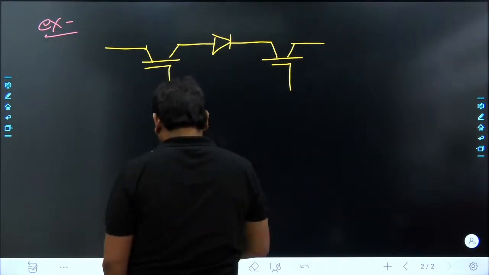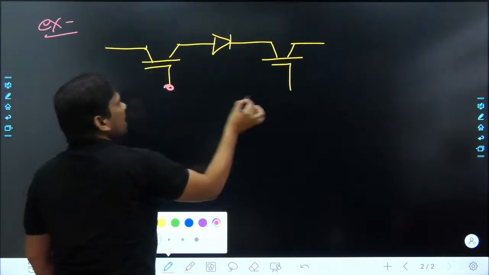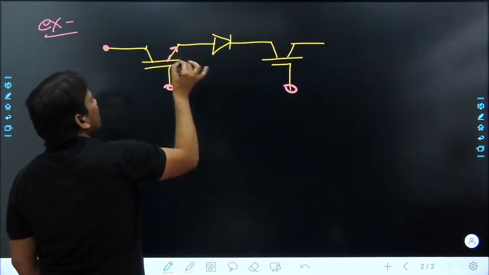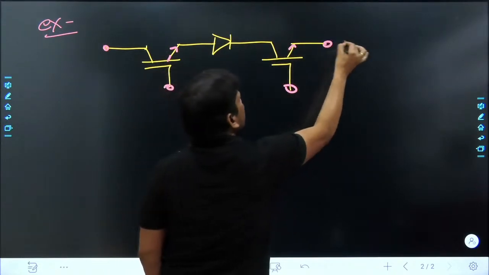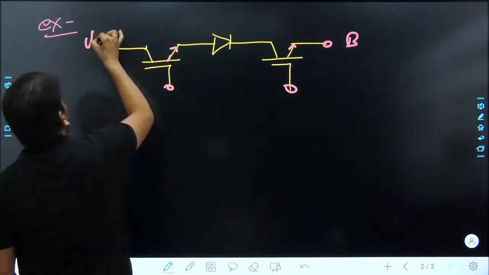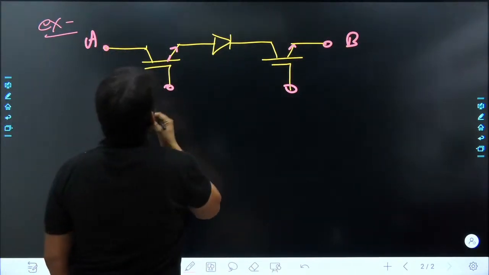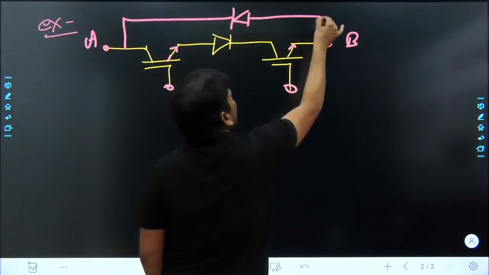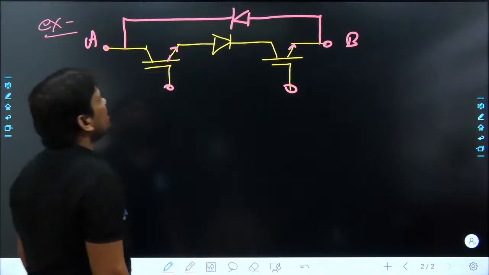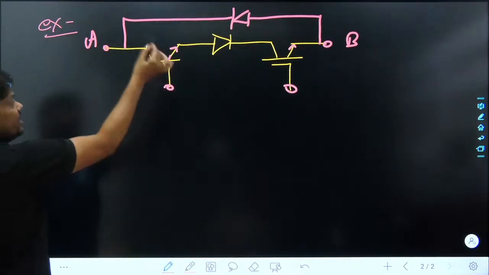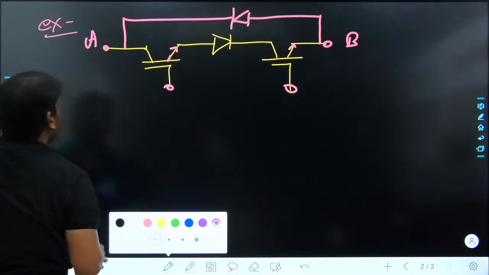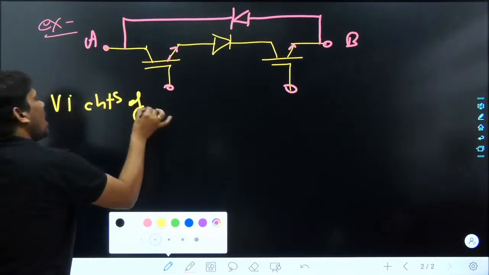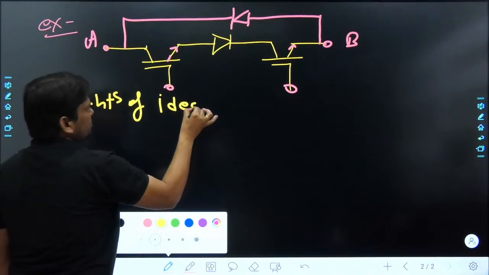Here, this is an IGBT gate, this is a diode, and the IGBTs are connected in this fashion. This is terminal B, that is terminal A. And I want to add another diode in this fashion. Can you tell me the VI characteristic of the switch module? The VI characteristics of the ideal switch module.